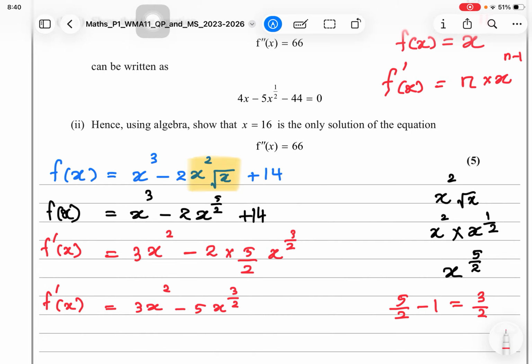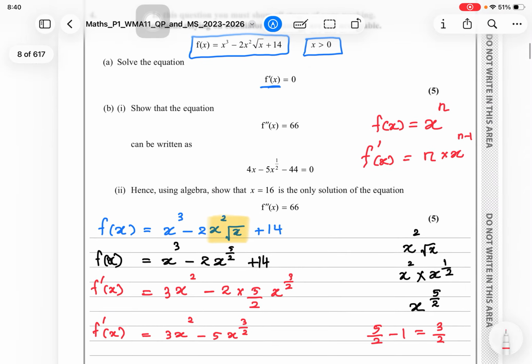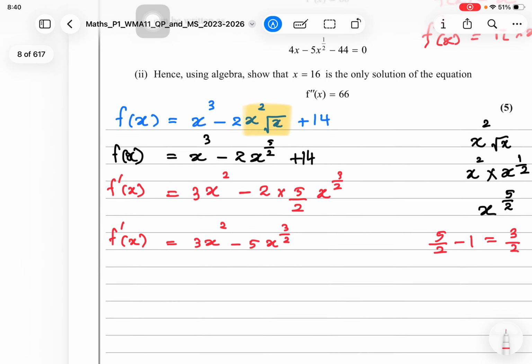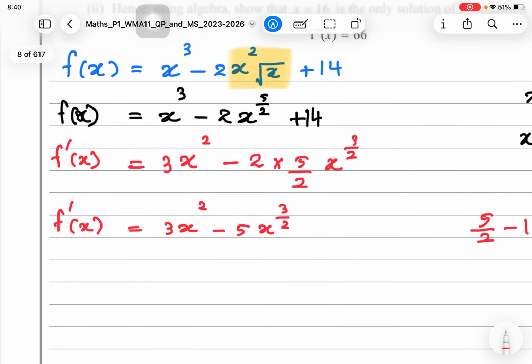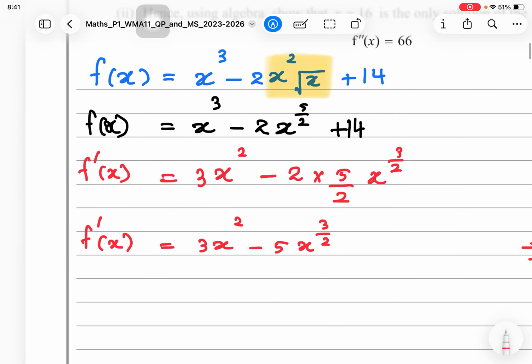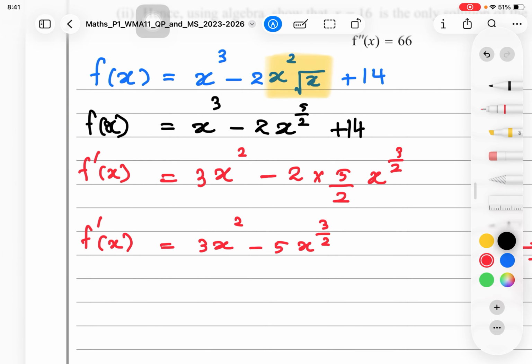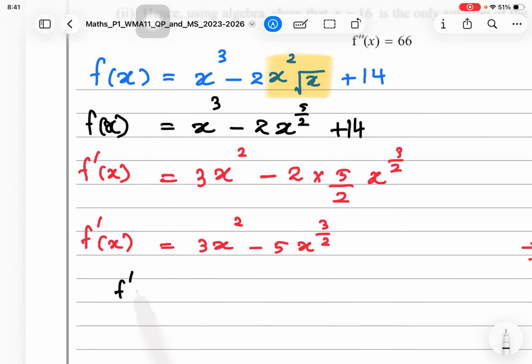So we have the f'(x). Now they are asking for f'(x) being 0. We have to solve this equation. So going back to our question, f'(x) will be 0.